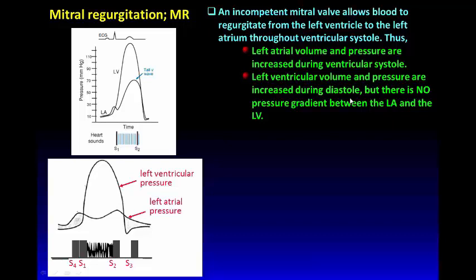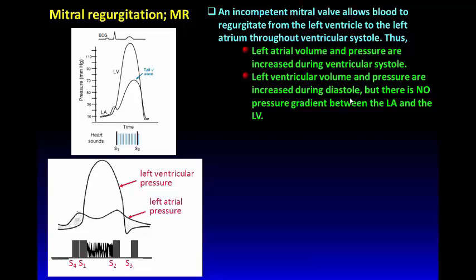How does this happen? Because during diastole of the left atrium, and also during the diastole of the right atrium, but let's focus on the left atrium, blood continues to flow from the pulmonary circulation and accumulates in the left atrium.